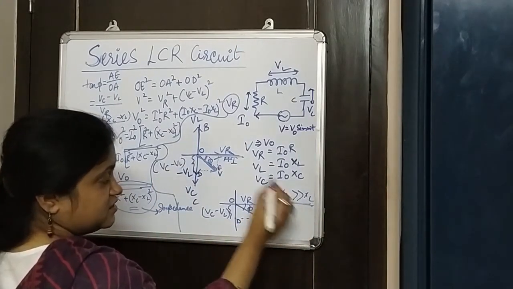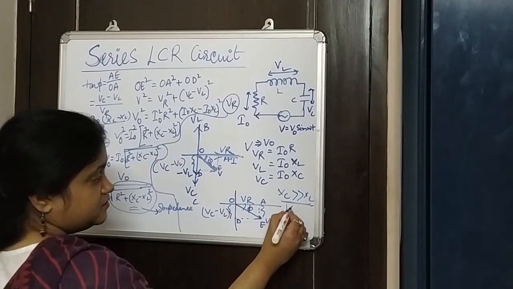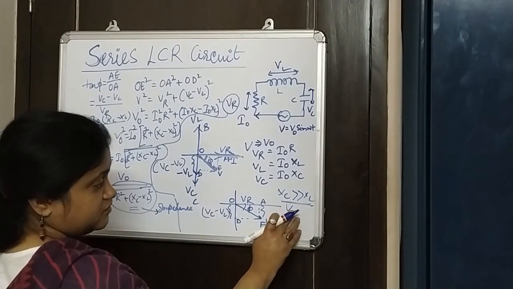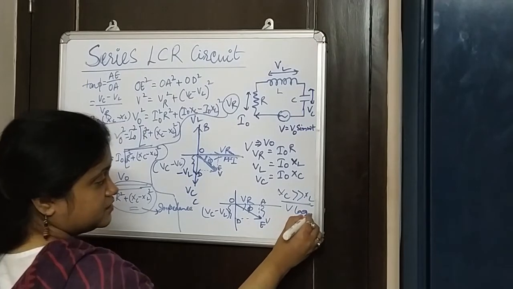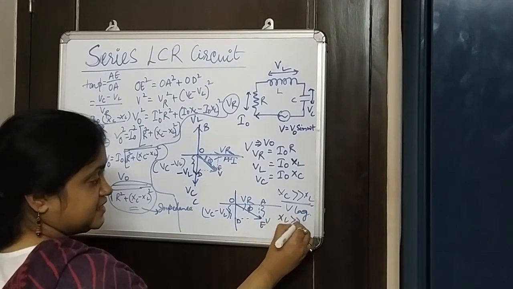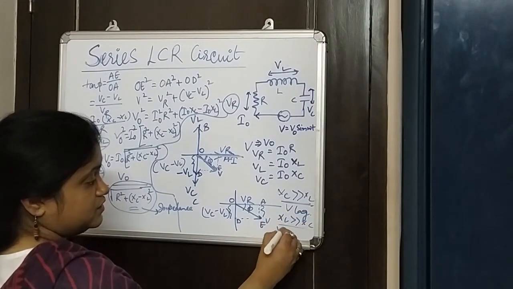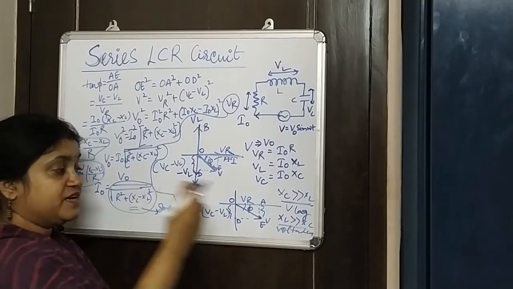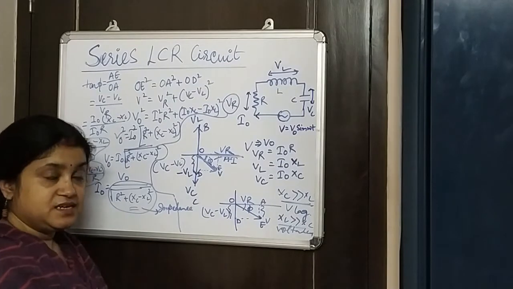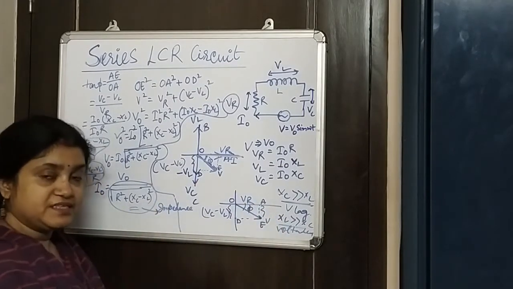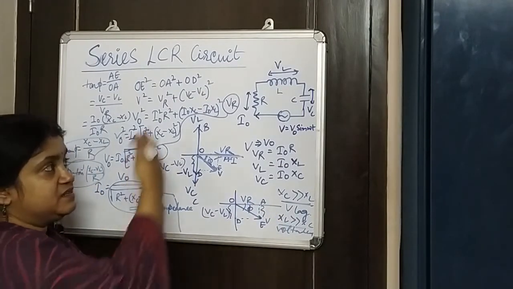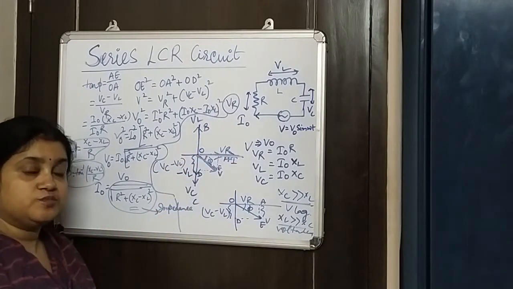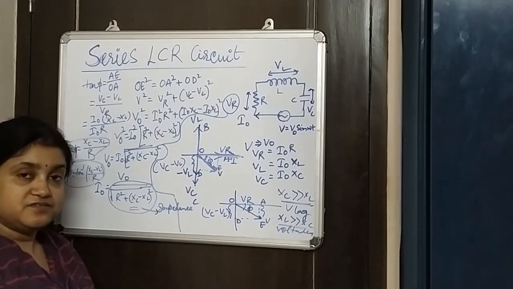If XC is greater, then the voltage V will lag, and if XL is greater than XC, then the voltage will lead, right? If XL dominates over XC, then the circuit starts to behave like an inductive circuit.